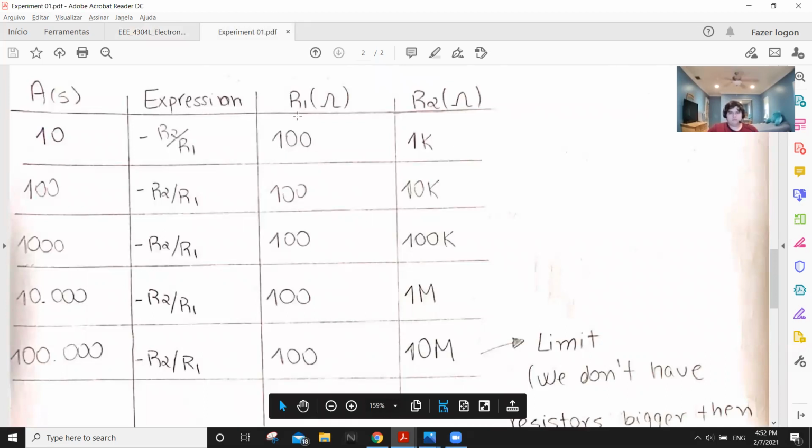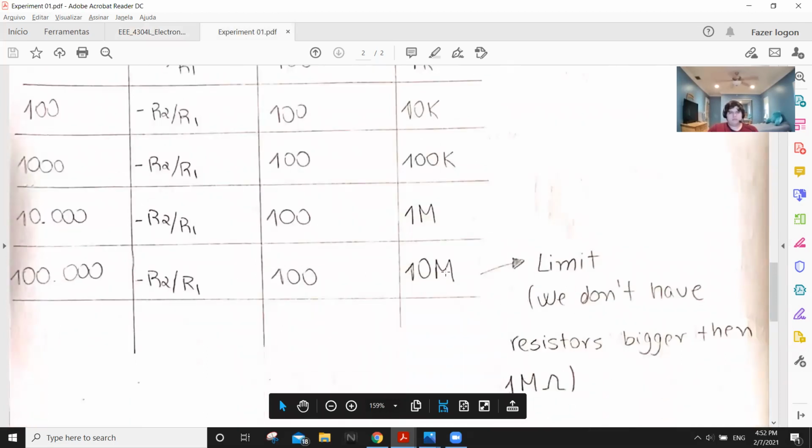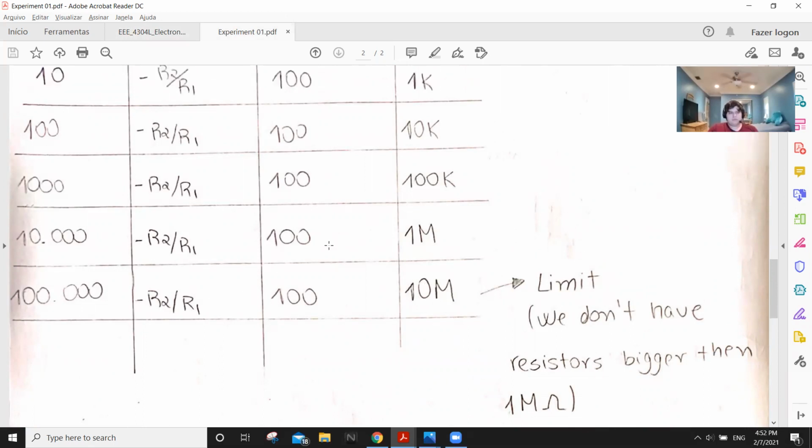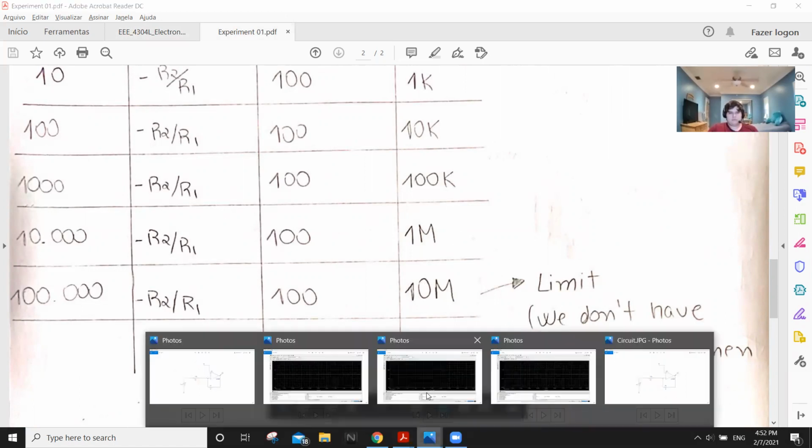We just change R2 and get the gain that we want. There is a theoretical limitation and also a limit in the implementation because we don't have bigger resistor values to get this kind of gain. So we'll probably restrict ourselves to this section right here, to this column here.